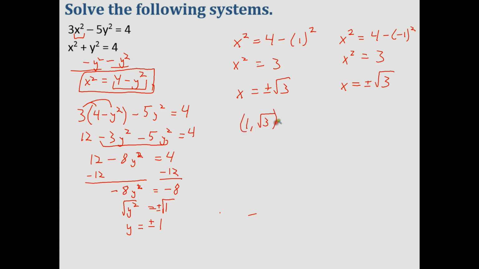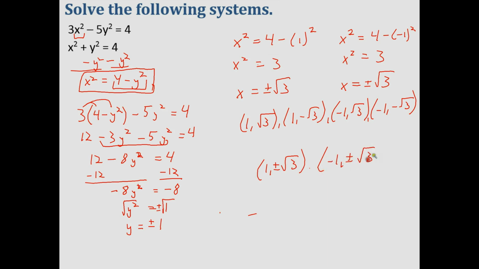We got 1 with root 3, or we got 1 with negative root 3. From these two, we put in negative 1, and you get root 3, or negative 1 gave negative root 3. It could be combined into 2, like from this one, we had 1 plus or minus root 3, and negative 1 plus or minus root 3. And so this is an answer.